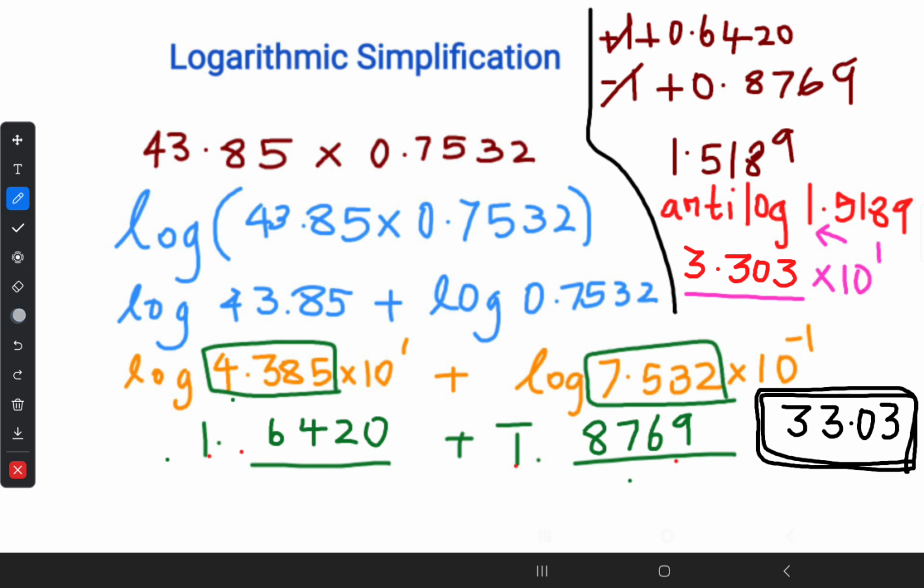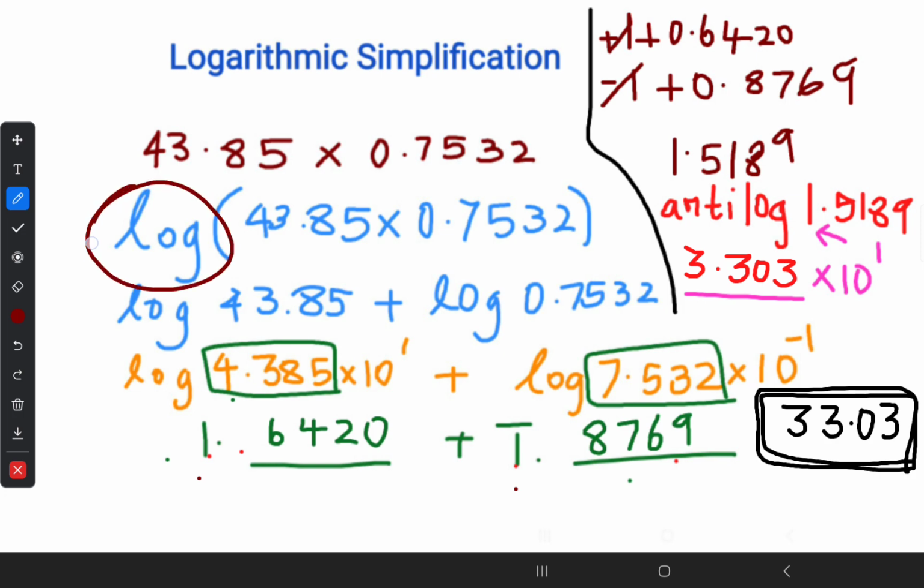I will give you a quick recap. If you have the logarithmic table with you, you can do this within 5 minutes. From the beginning, for the multiplication, we introduced logarithms, so multiplication became addition of two different logarithmic values. Then write the scientific notation. Use the logarithmic table to find the respective values. Do the operation between whole numbers separately and decimal numbers separately. After that, we have an answer, but it is not the final expected answer, because 43 multiplied with this particular value is not 1.5189.